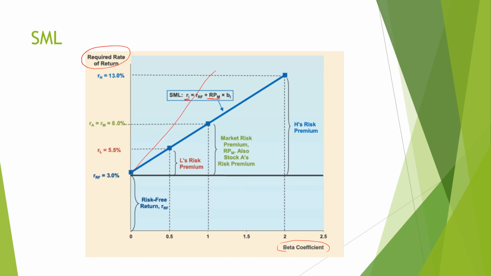It looks like this, higher beta. And also, if risk-free rate of return is lower, then it can go down like this, right? So we can understand the graph. Financial information many times is reported graphically, so we need to understand what graph is.